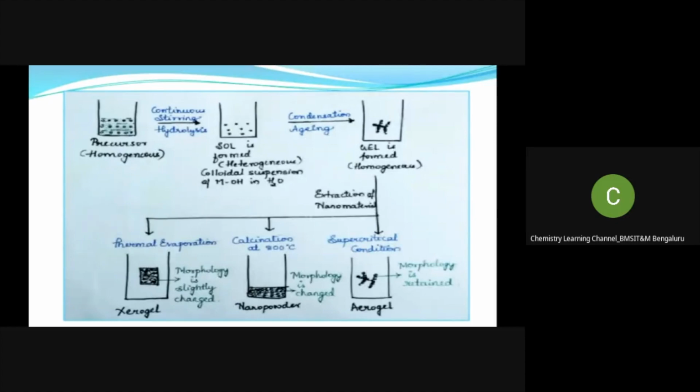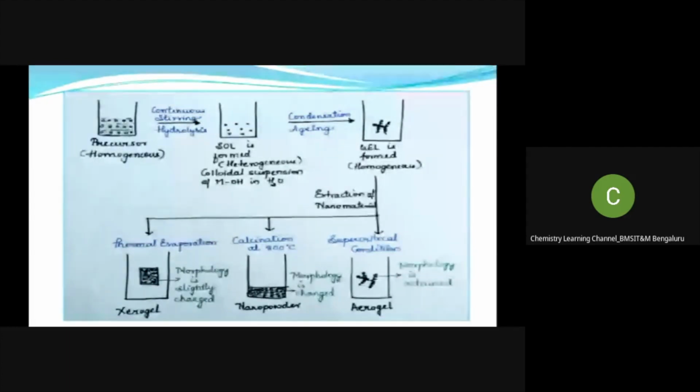We get a heterogeneous colloidal suspension of metal hydroxide in water. Then condensation occurs by the process of aging. Condensation occurs to form the gel. It is a gel which is homogeneous in nature.